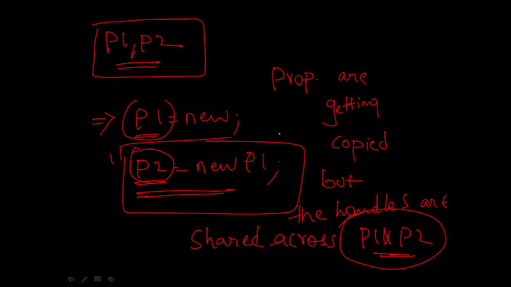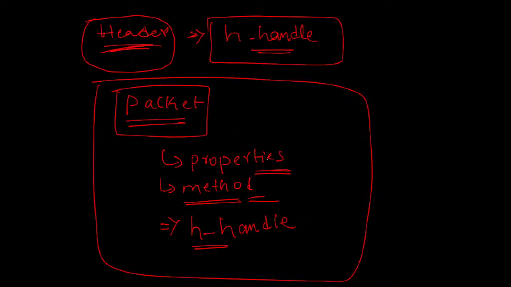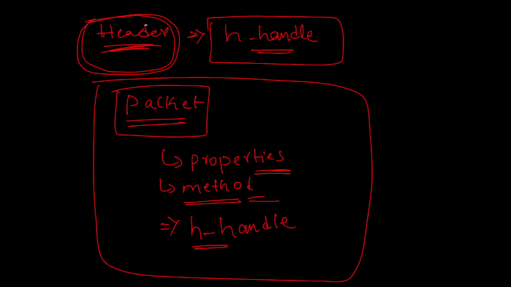What we are going to see now in deep copy is how to copy this particular header handle from p1 to p2. Using deep copy, we are going to see how to copy the header handle from the p1 object to the p2 object.